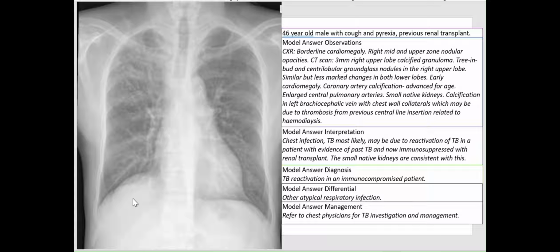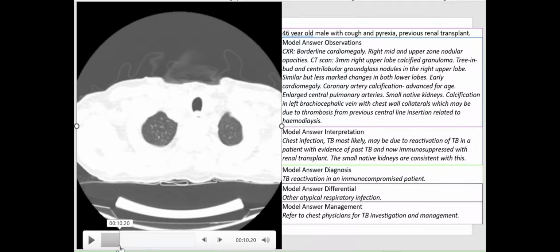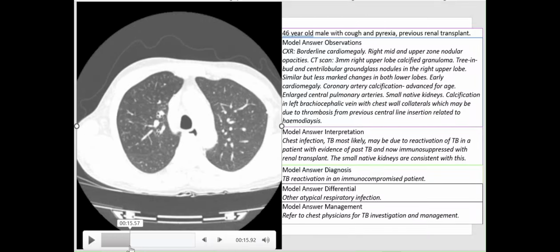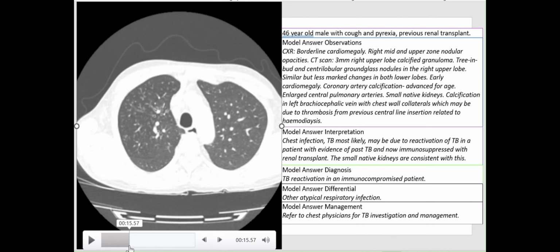Okay, so what about the CT scan? Let's see the CT scan. This is the CT scan of the same patient. These nodular opacities seen on chest x-ray are seen here, along with the reticular opacities.